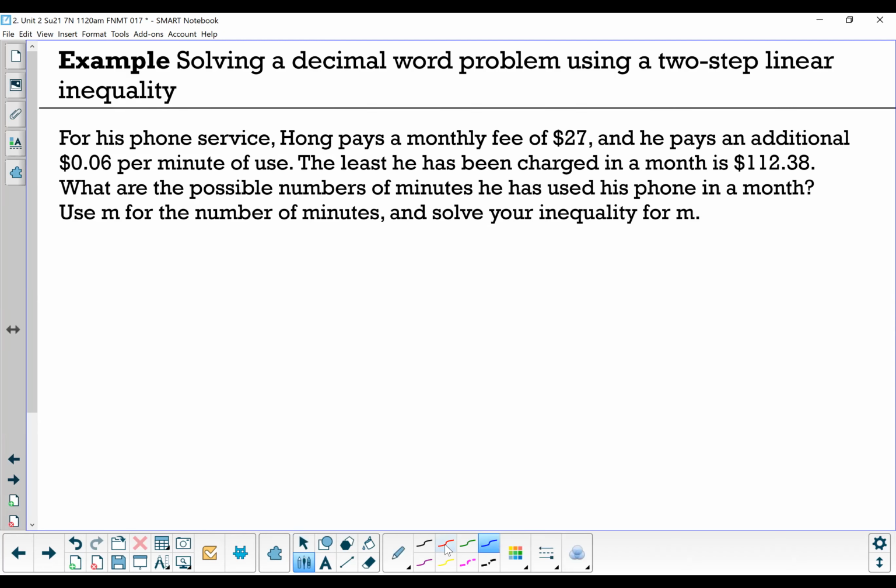So if we go back up to that first sentence where it says Hong paid a monthly fee of $27. That monthly fee, you should recognize that as a flat fee, a one-time fee. Right? We've seen previously where we have constants.